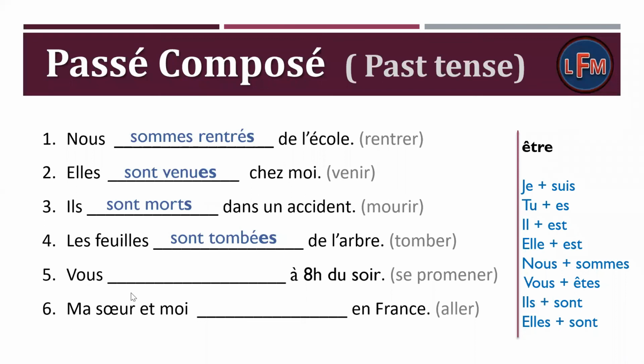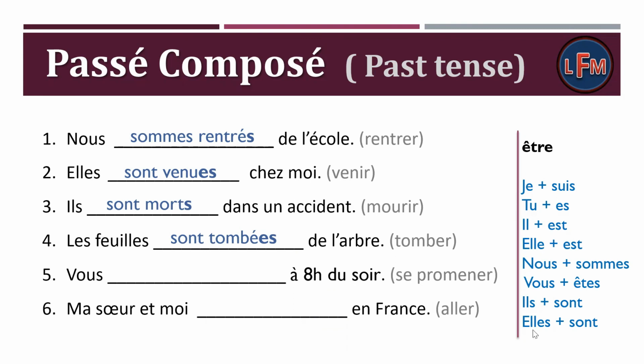Next one is vous dash le du soir. Here the verb is se promener, which is a pronominal verb. As I told, with a pronominal verb, first we take the reflexive pronoun with the subject, which is vous. So with vous, the reflexive pronoun is vous. Then we add an auxiliary verb être.